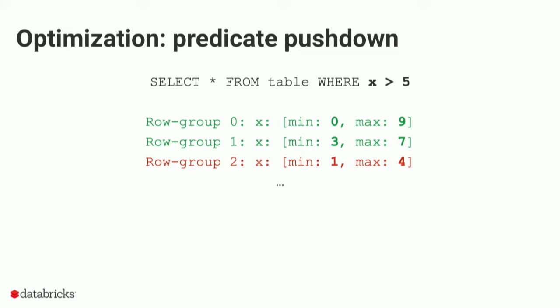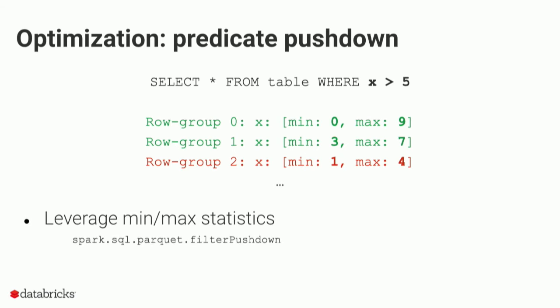There's at least one value that has the value 9, which means you're going to have to read the row group. But if we look at the third row group, we see that we have a min value of 1 and a max value of 4, which basically means that we do not have to read the row group because there's no way there's going to be a value in there that's going to satisfy our predicate. And as you might remember, the row groups can be 128 megabytes in size, so skipping 128 megabytes is a good thing.